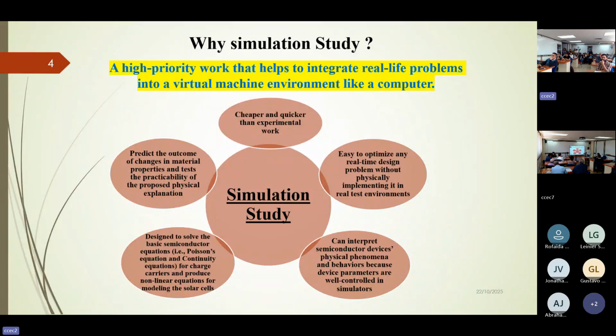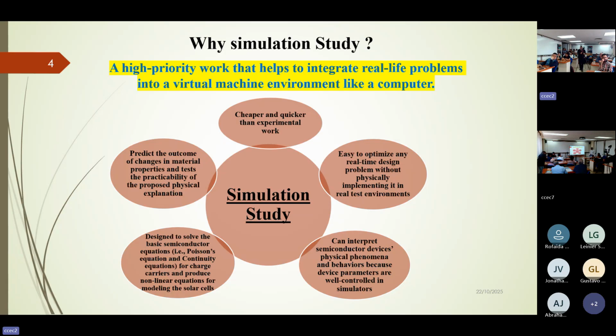Here I have highlighted some advantages of simulation. It is easy to optimize any real-time design problem without physically building a real test environment. So no laboratory is needed to do experiments, and it prevents high cost as well as time.